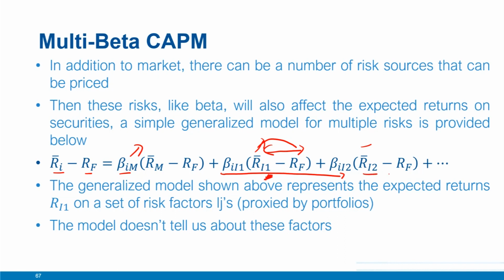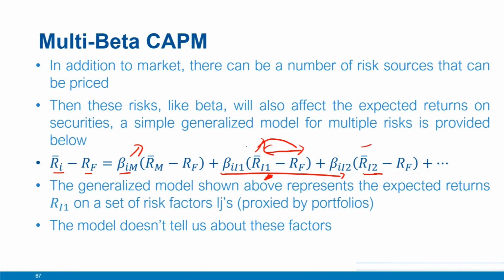Similarly, R_I2 bar minus R_f is the incremental return or price of risk for bearing 1 unit of risk associated with influence 2. Beta_I1 and beta_I2 are sensitivities of the stock i corresponding to the portfolio that hedges away the inflation or the risk factor I1, and similarly for I2.